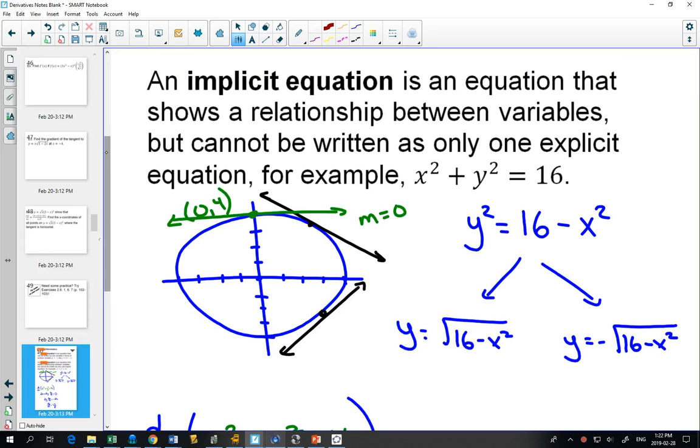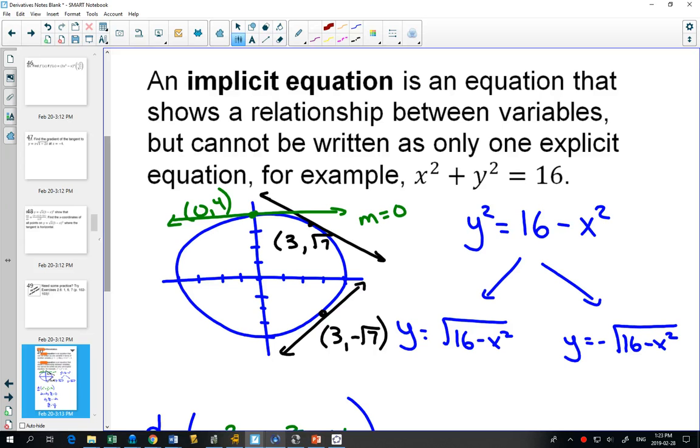If I chose this point originally, which was at 3, if I plug 3 in for x, 16 minus 9 would be 7. Square root both sides. Can you see that this one would be 3 comma positive square root of 7? And this point would be 3 comma negative square root of 7. Those would be the two possibilities.